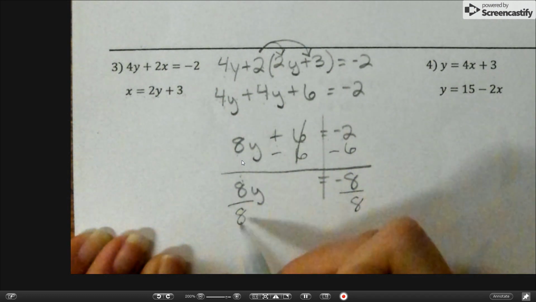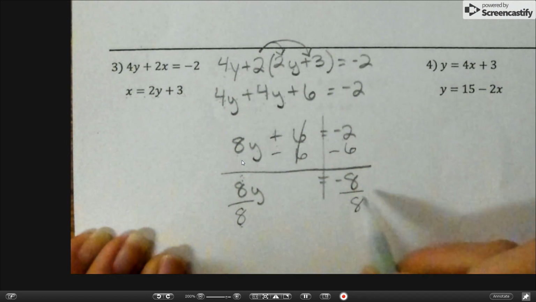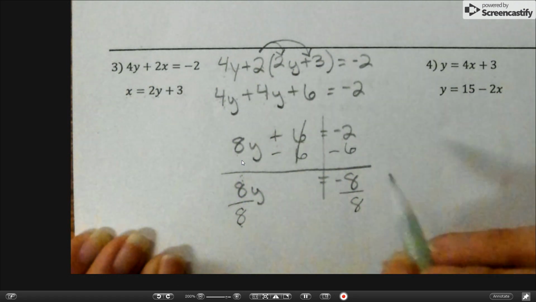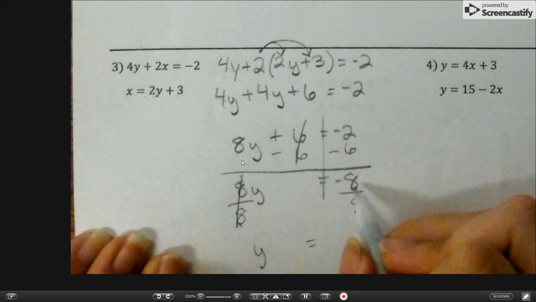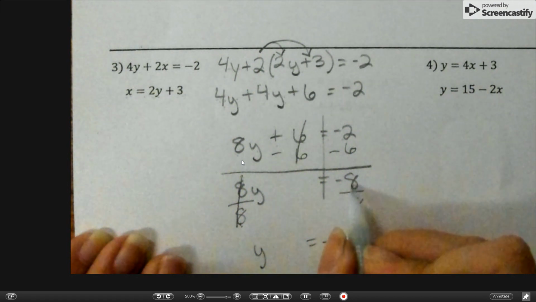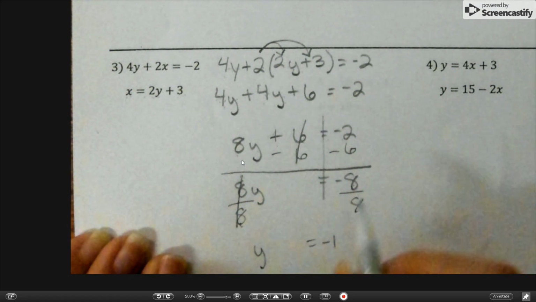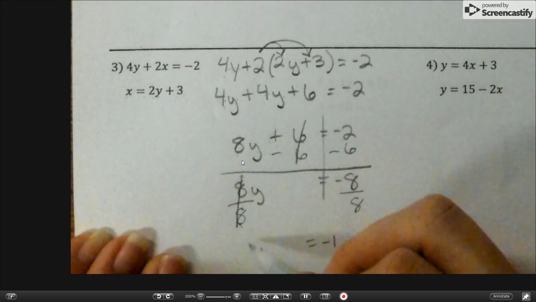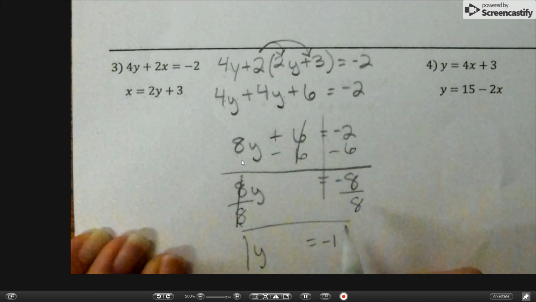Every time we do something on this side of the equal sign, we also have to do the same thing on this side. So we divide by 8 and get 1y equals negative 1, because negative 8 divided by 8 is negative 1. Don't be afraid to use your calculator to do this part. So y equals negative 1.